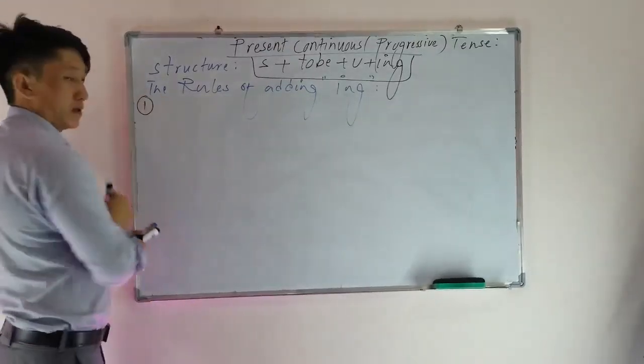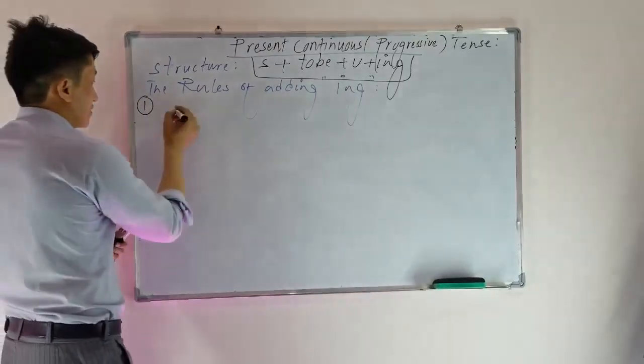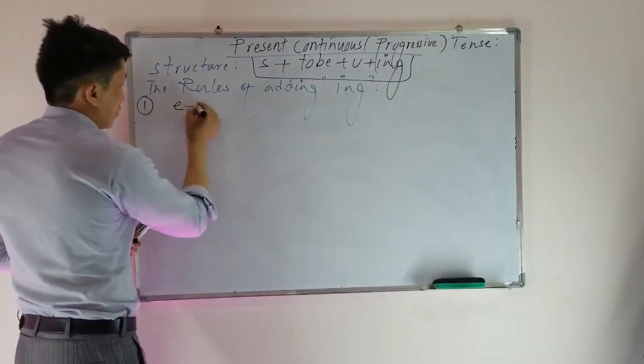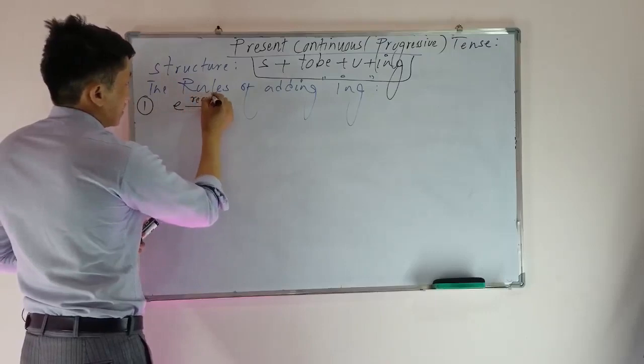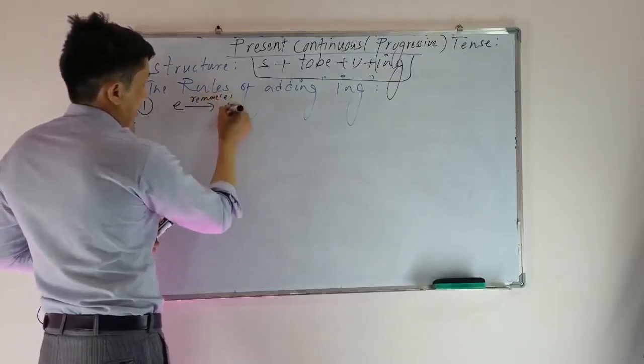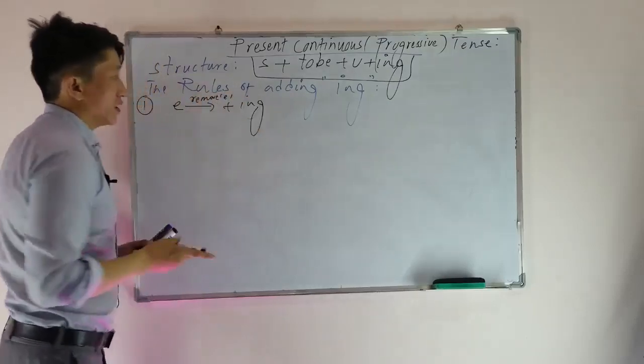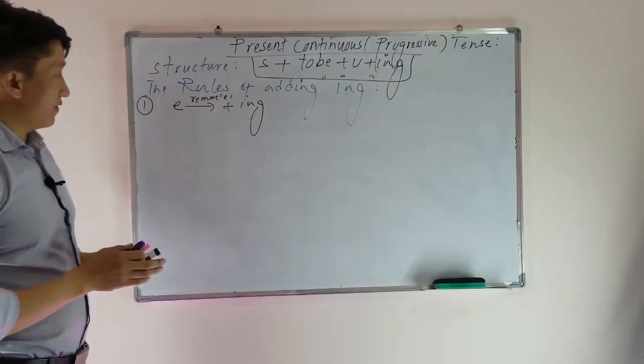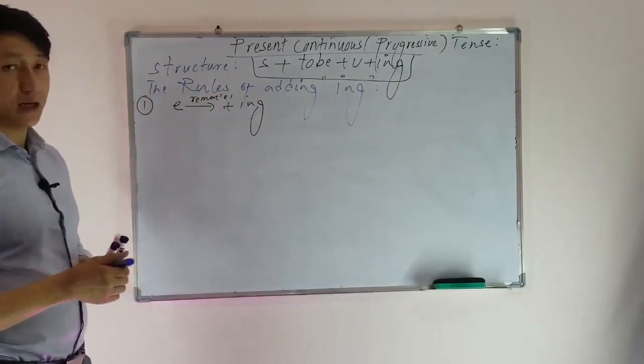Rule number 1. If a verb finishes with e, we remove e and add ing. It's very important. For example, if I have live, love, write, and leave, we remove e and add ing.